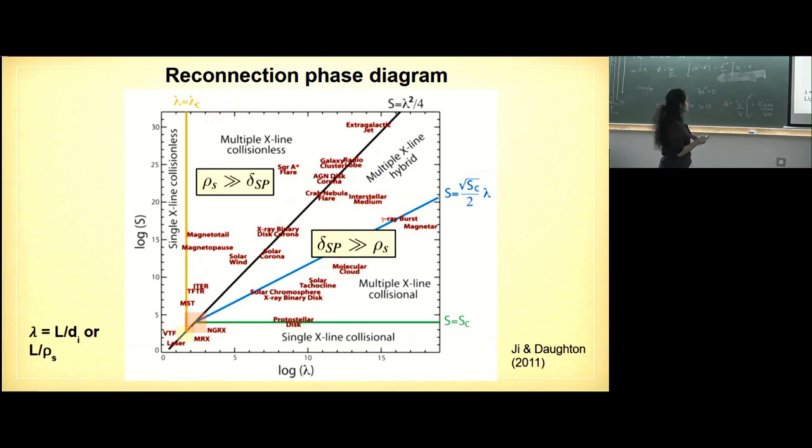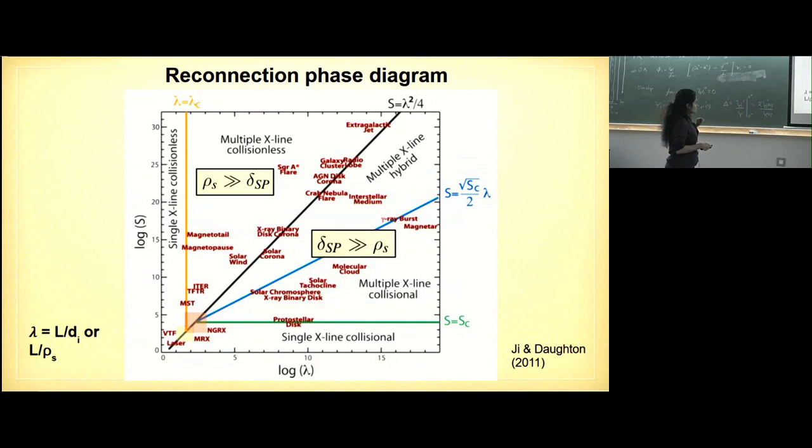The y-axis is the Lundquist number, and the x-axis is given by something called lambda, which is the current sheet length in units of either the ion skin depth or rho s. So now I'm going beyond MHD. I want to look at stuff which is beyond MHD.